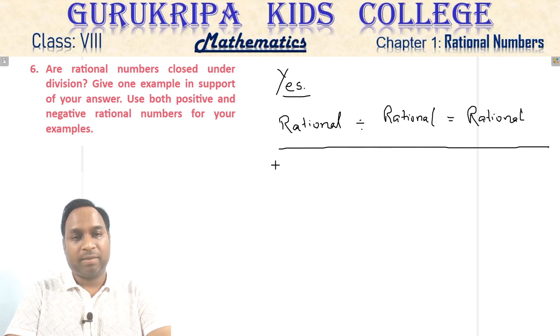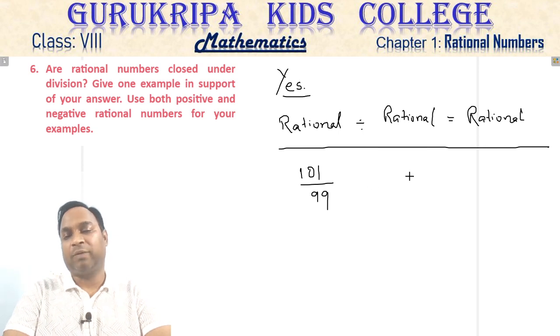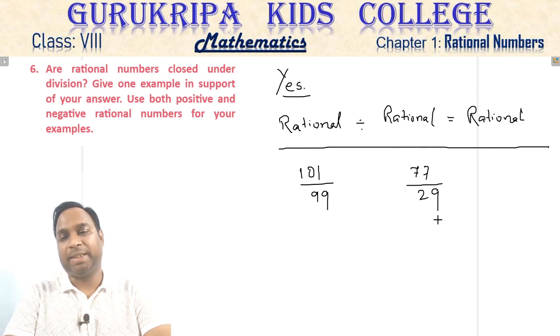One number has to be positive, one has to be negative. Let's take one positive rational number, 101 by 99, and one negative number, 77 divided by 29, and let's make it negative. You have to divide these two numbers. So what will you get?